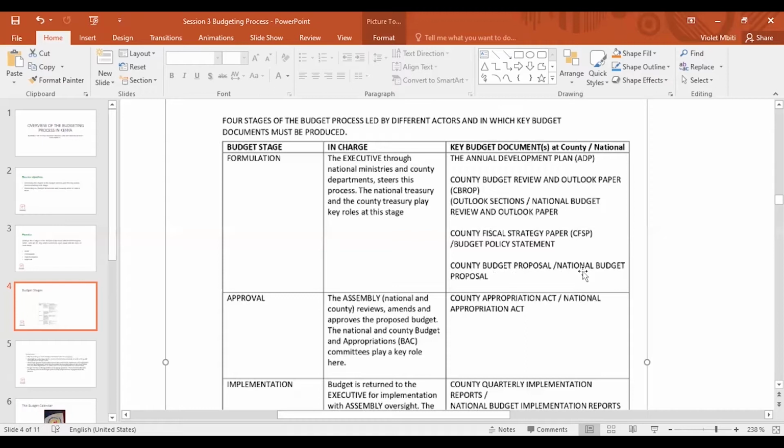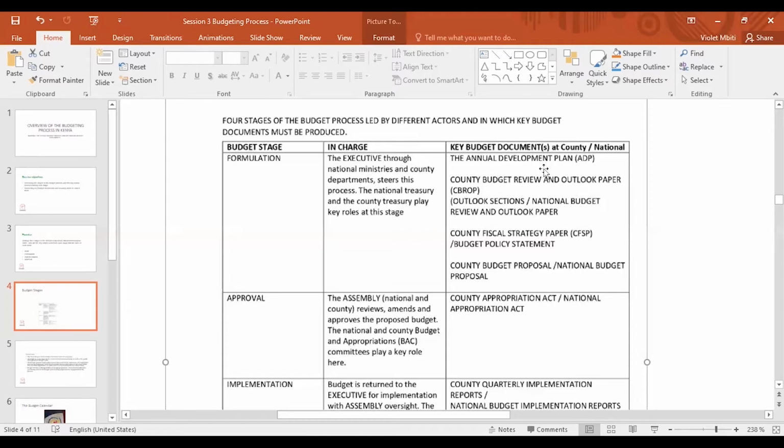Like I had shared previously, the annual development plan is taken from the county integrated development plan, which is the 5-year plan of the county. Every county has a strategic plan, and all these documents need the participation of the members of the public.